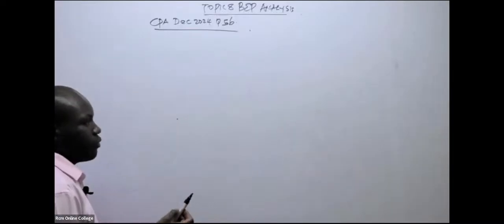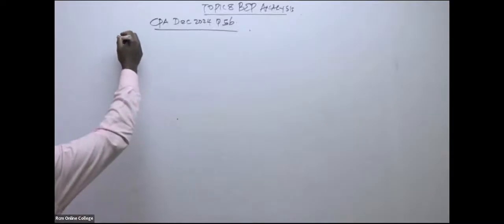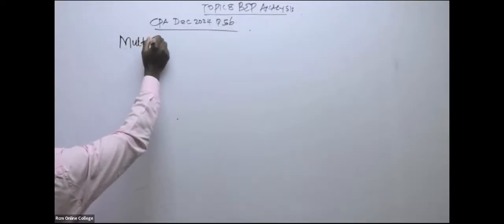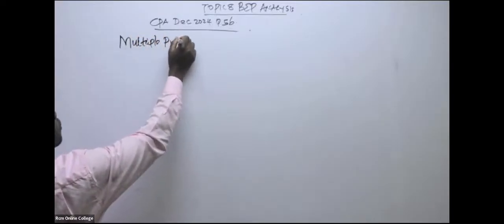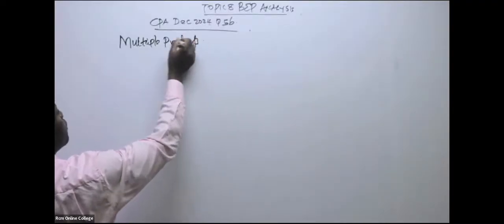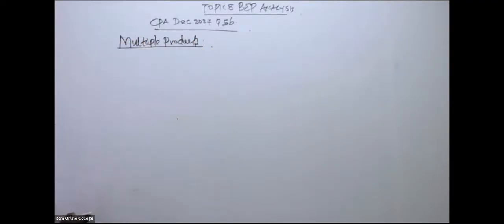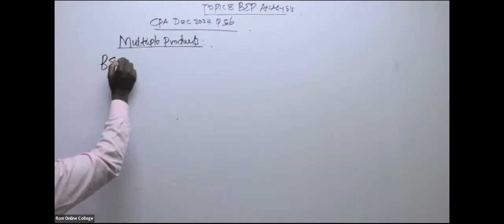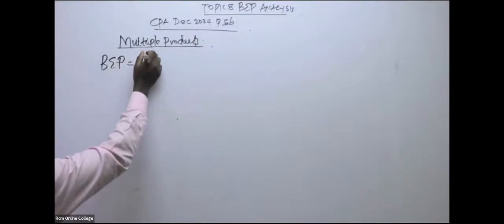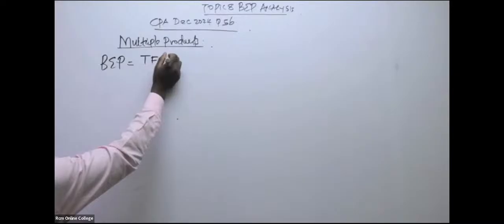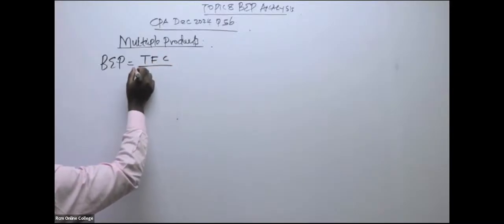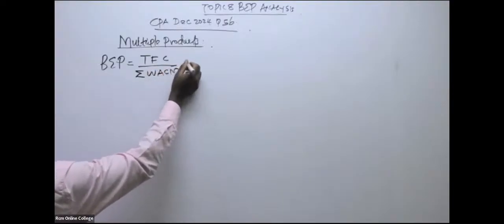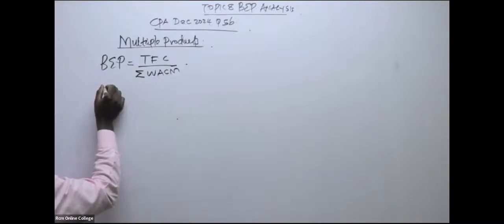I will now write down the formulas that will apply when dealing with what we call multiple products. When we're dealing with multiple products, break-even point in units, first of all, is total fixed cost divided by the summation of weighted average contribution margin. So how do we get this weighted average?